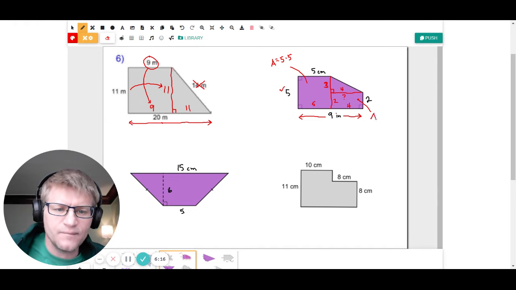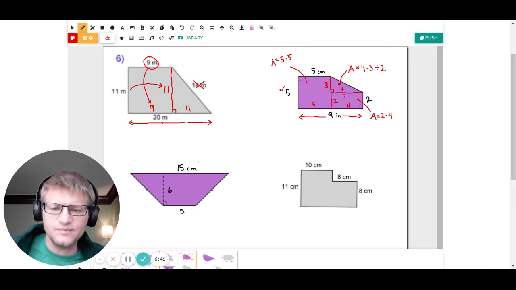So this area equals 2 times 4, or 4 times 2, so that's 8. This one's 25. And the area of this one, the triangle, equals the base times the height, 4 times 3 divided by 2. Okay, does that all make sense? Pretty cool, right? And so that's the second one.